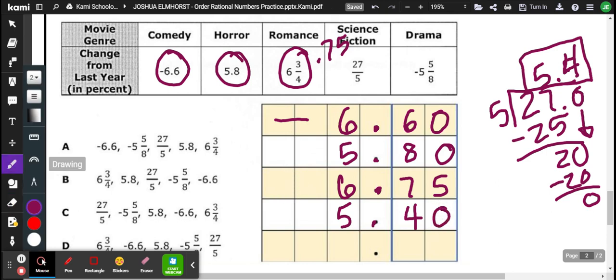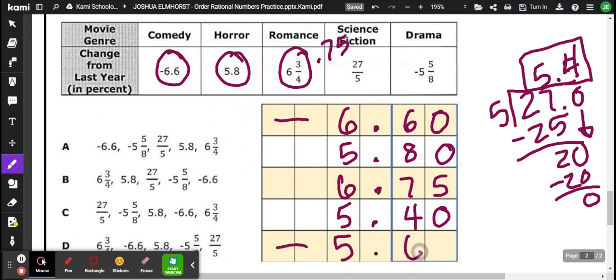We don't necessarily have to put the positive over there. And then we have negative 5/8, which is 625 thousandths. We don't necessarily need to look at that because we have hundredths, hundredths, hundredths going down.